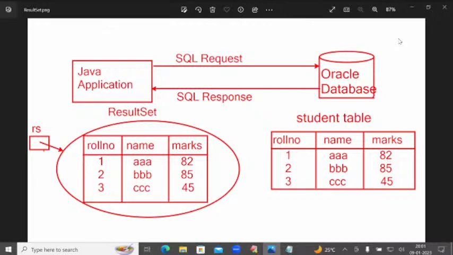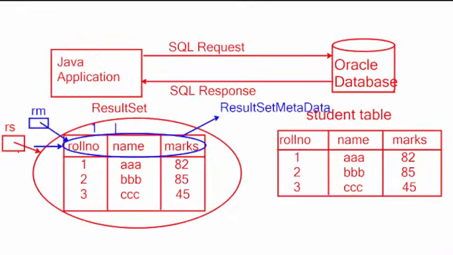I called the getMetaData method, and this is extracted separately. This is column number 1, column number 2, column number 3. These are called column numbers. And these are called column names.